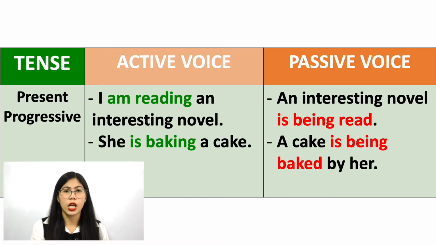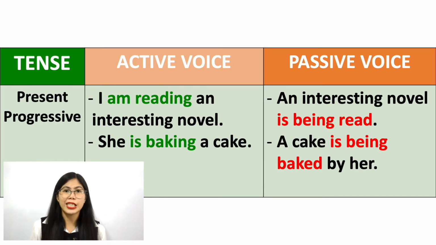Another example. "She is baking a cake" in an active voice. The pattern is still the same: subject plus verb plus object. Subject is the word she, verb is the word baking, and object is the word cake.